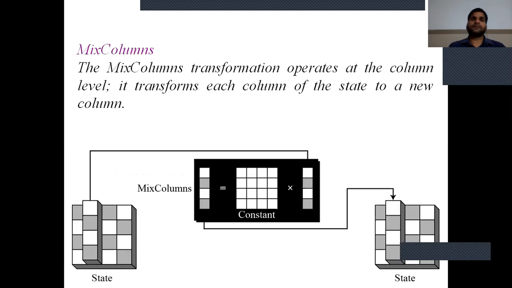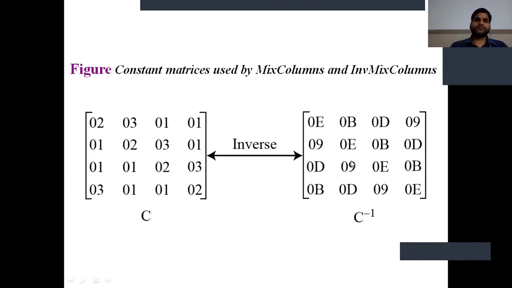So in the mixing figure, the mix column transformation operates at the column level, transforming each column of the state to a new column. That is mix column with a predefined matrix. We multiply, then find this value. This is the operation of mix column.